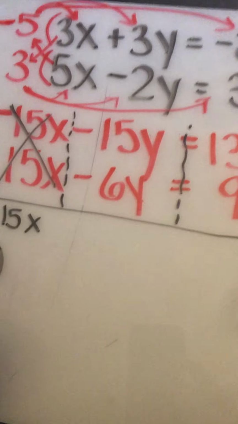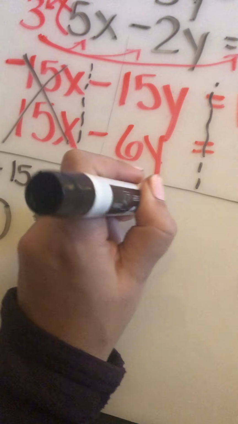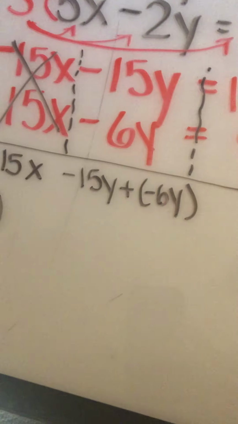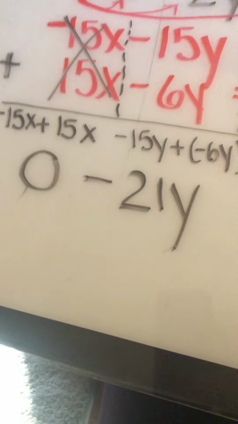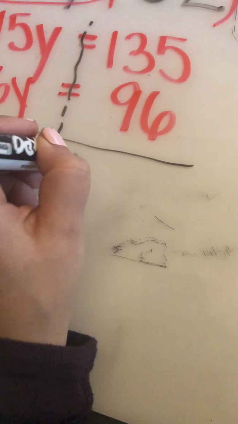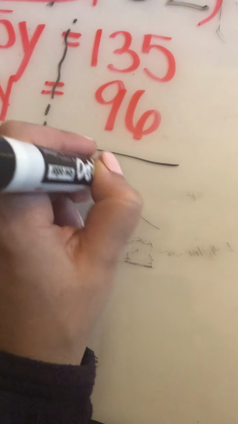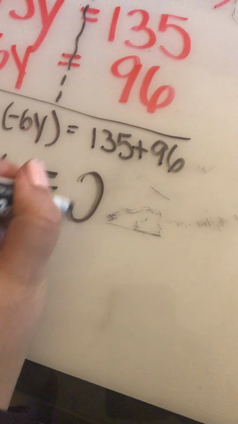Then here, negative 15y plus negative 6y, same signs, we add and keep, so that would give us a negative 21y. And then our constants, 135 plus 96, bring down our equal sign, is going to give us 231.